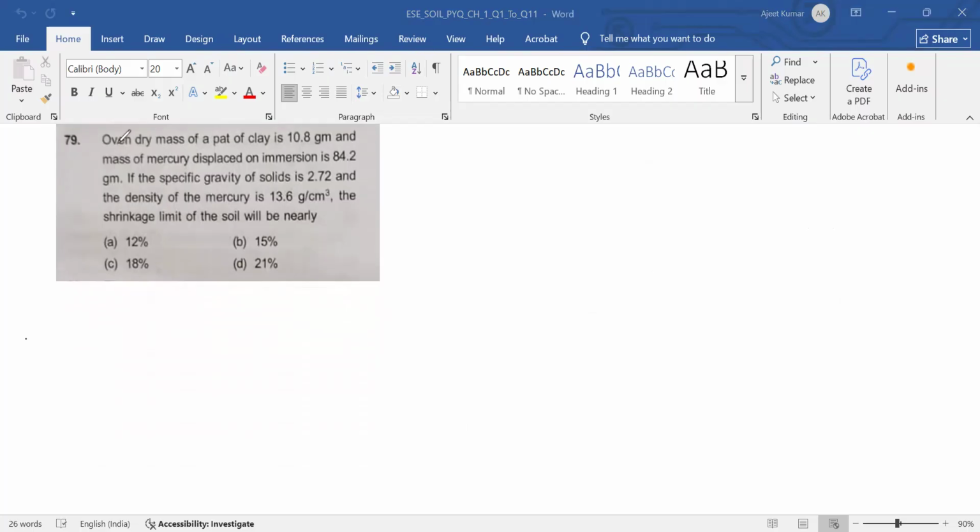Question number 79. Oven dry mass of a pat of clay is 10.8 gram. So dry mass is nothing but mass of solid.